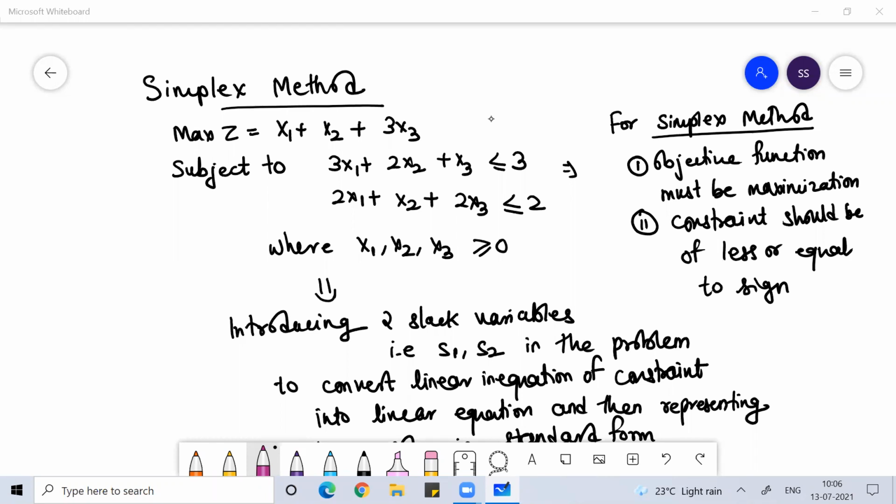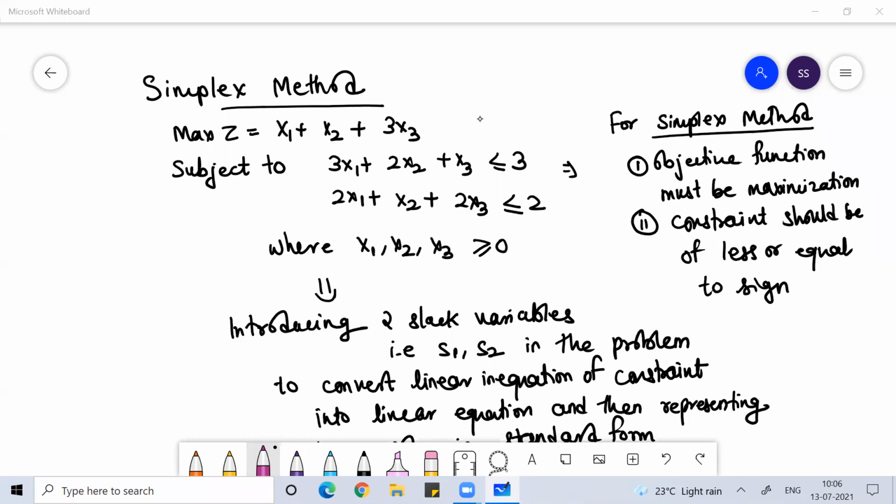So you understood, right? Whenever we get a problem, we look into the problem to see what we have. In this problem, we have two constraints, so we'll introduce two slack variables.